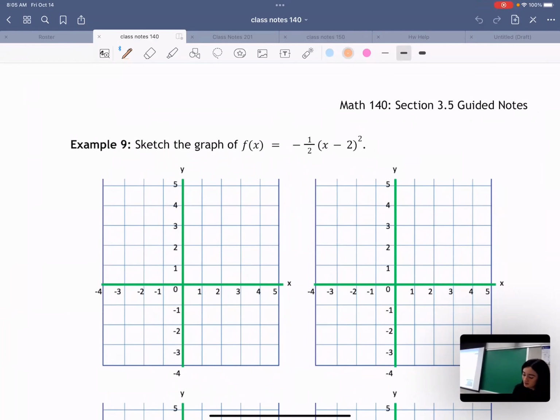Now, sometimes it doesn't matter, but a lot of the times the order that you do things matters, especially when we have a horizontal shift and a vertical shift. Okay, so I'm gonna write my questions in a very specific way so that the order that you do things is always going to be the same, okay?